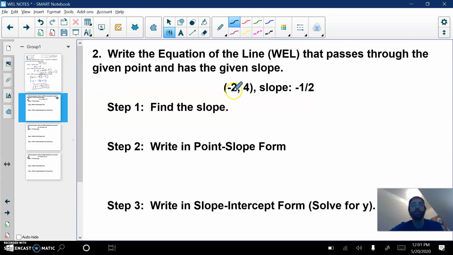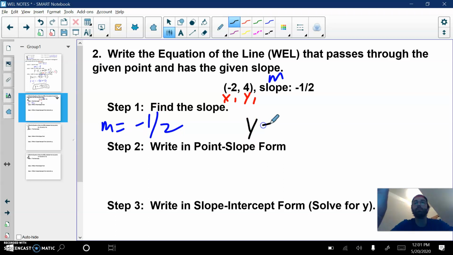Here we go. Again, given a point and a slope. I'm going to label my point x1, y1. Slope is m. Find the slope. Got it. What a nice person to have the slope given for you. I'm going to write down point-slope form again.